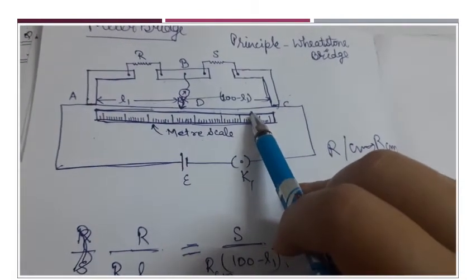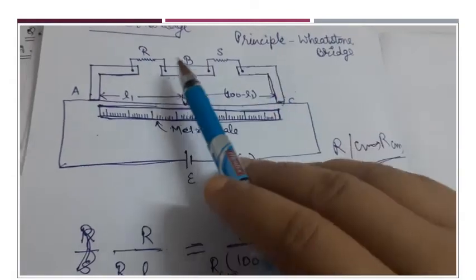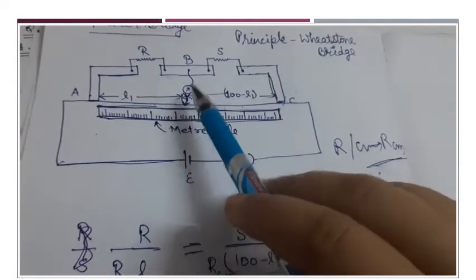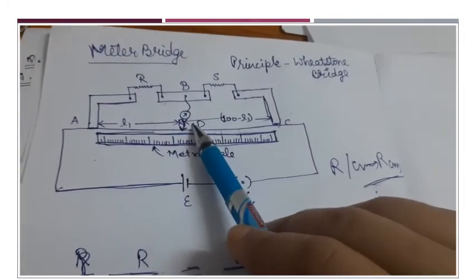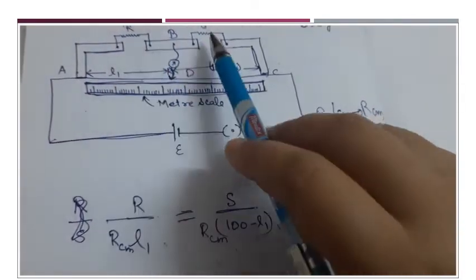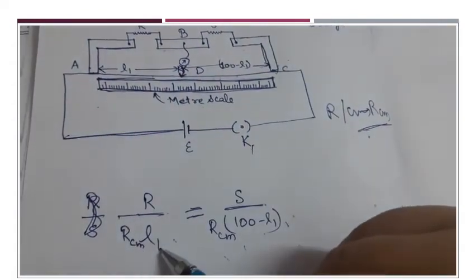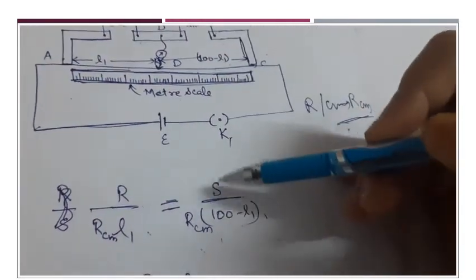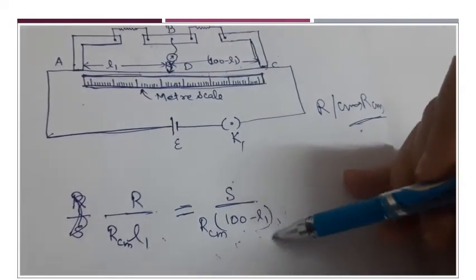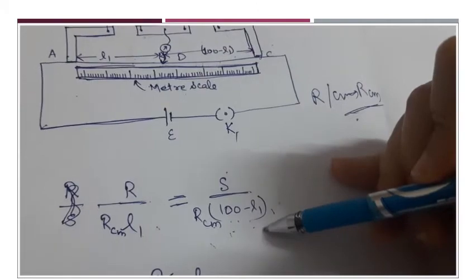Since the four resistances form the four arms of a Wheatstone bridge, the principle of Wheatstone bridge applies here: D is the balance point where the galvanometer is showing 0 deflection, which means the balance condition has been attained. For the balanced bridge condition, the principle says R2 by R1 is equal to R4 by R3. So R by the resistance of length L1, that is RCM L1, equals R4 by R3, where R4 is S and R3 is the resistance of length 100 minus L1, that is RCM into 100 minus L1.